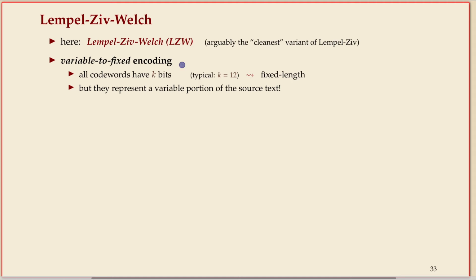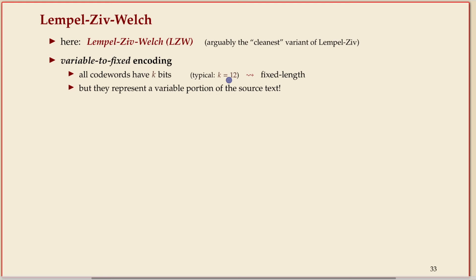All of these Lempel-Ziv codes are variable-to-fixed encodings, which means a variable-length portion of the text is encoded using a fixed-size code word. So you will have a fixed list of things you can refer to, but the things they can refer to can be of arbitrary size in principle.